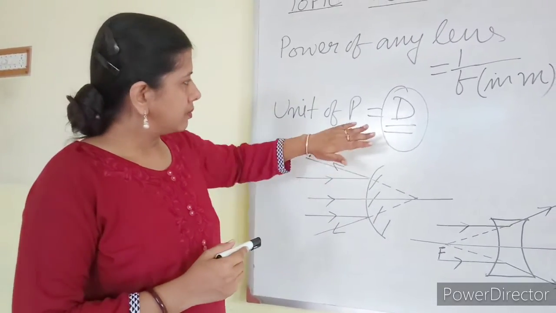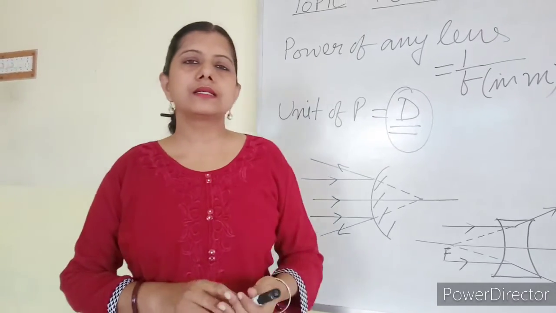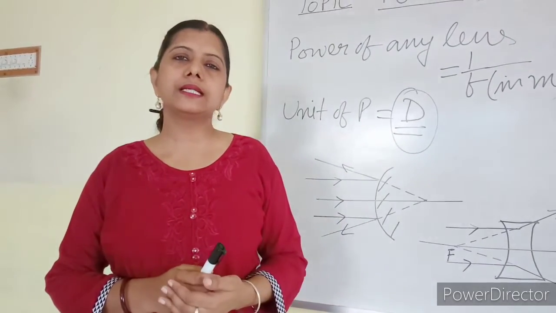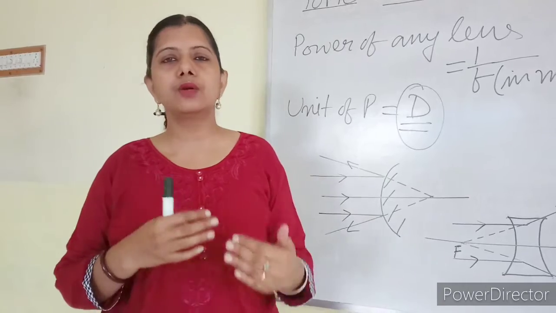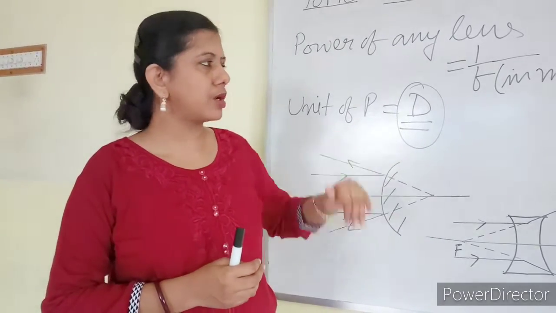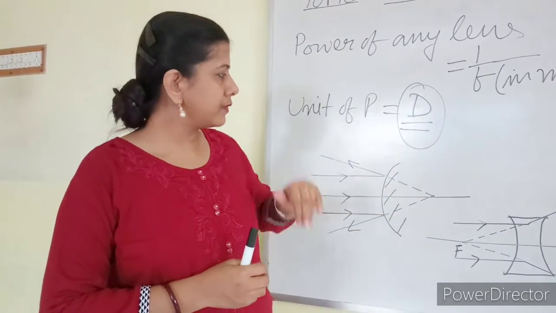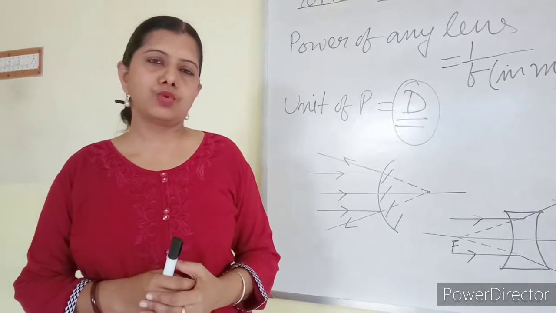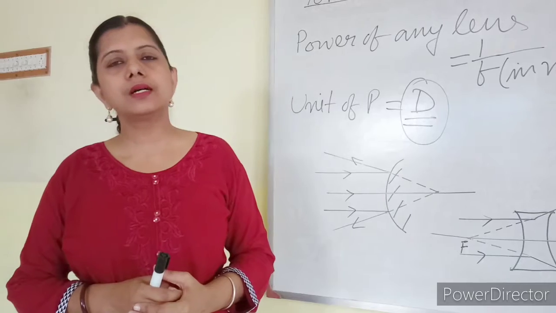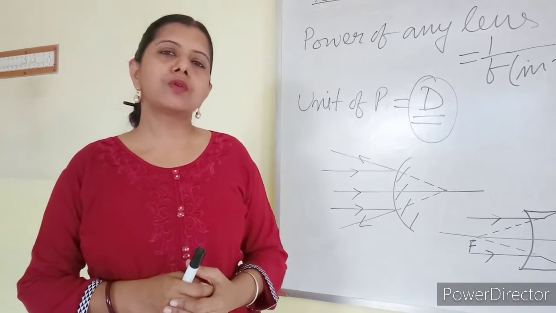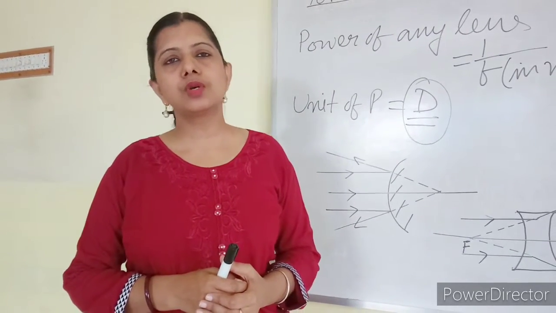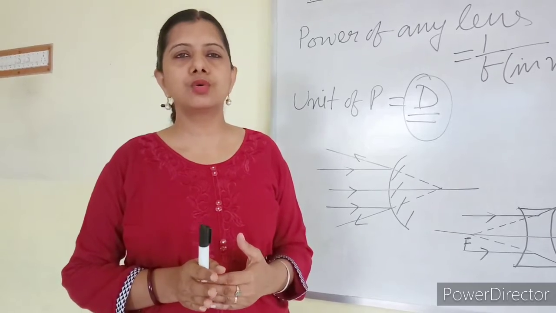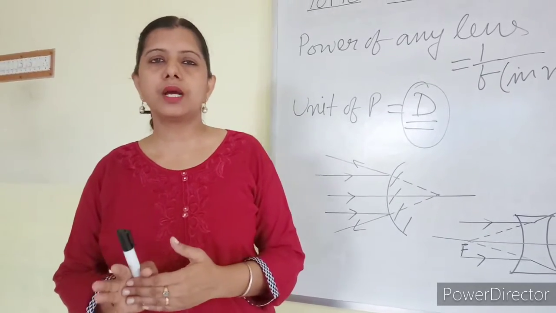Now this formula is necessary for calculating the power of a lens; while doing numericals you will come across it. Another formula I want to write is your lens formula. Previously you have learned the mirror formula. What was the mirror formula? 1 by f equal to 1 by v plus 1 by u.